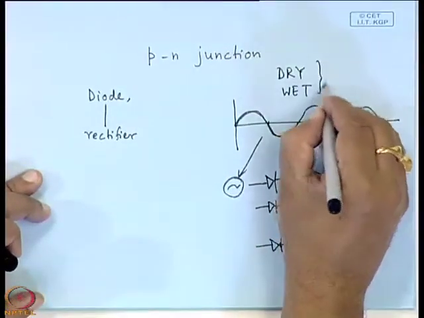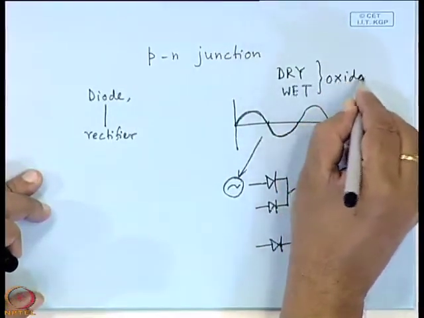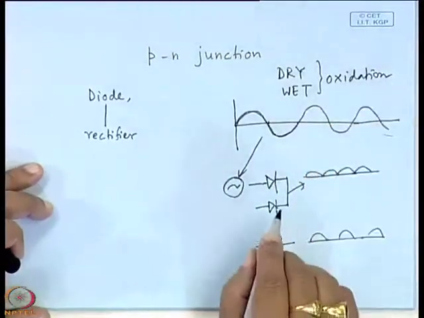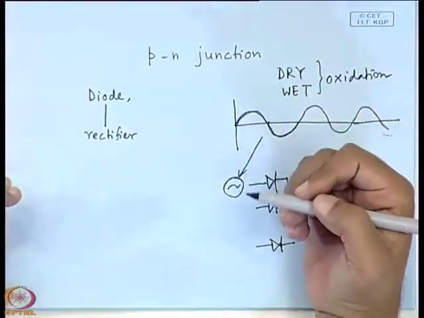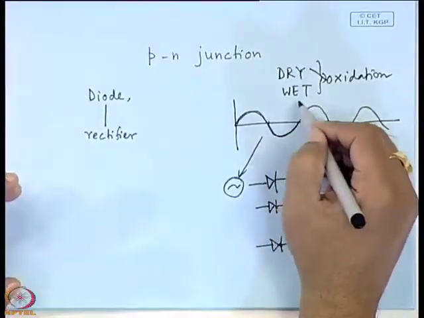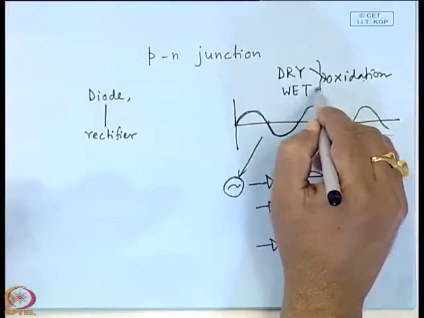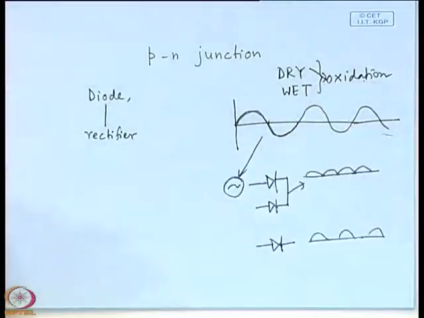This is oxidation. Dry oxidation means when you use dry oxygen gas, and when you use water vapor, or water vapor with some dry oxygen, then the oxidation will be wet oxidation. Now, what is the difference between these two?